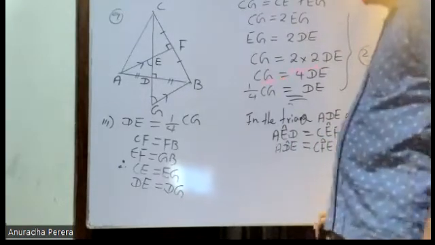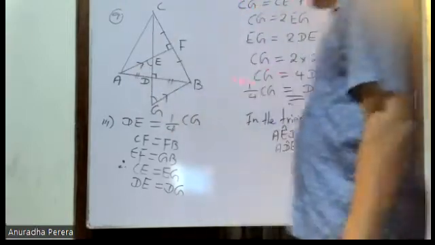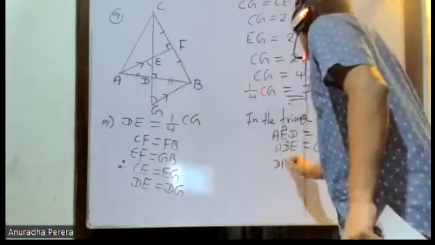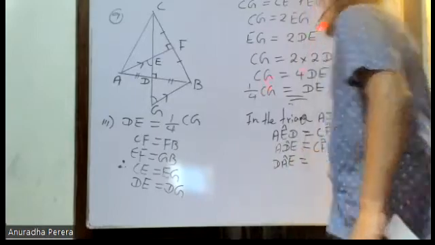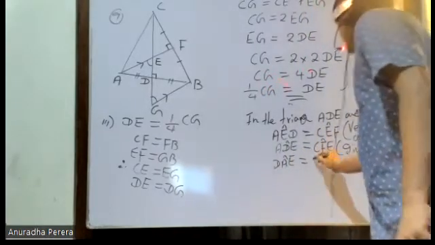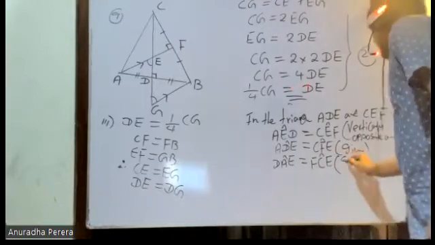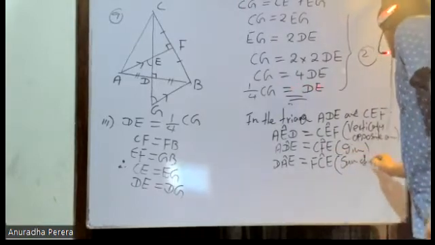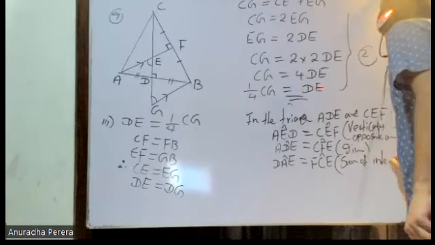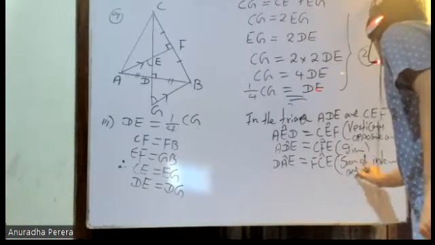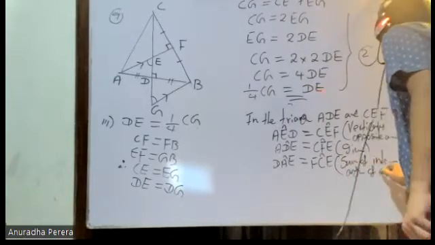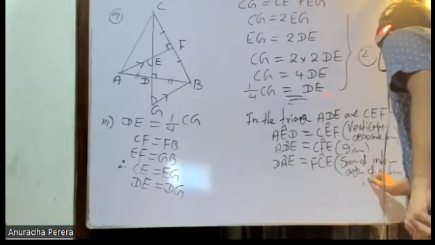The third angle is equal: DAE equals FCE. Sum of interior angles of a triangle is 180 degrees.